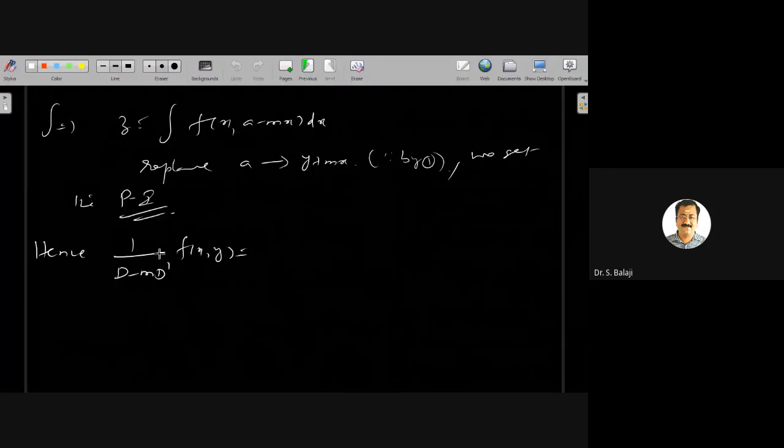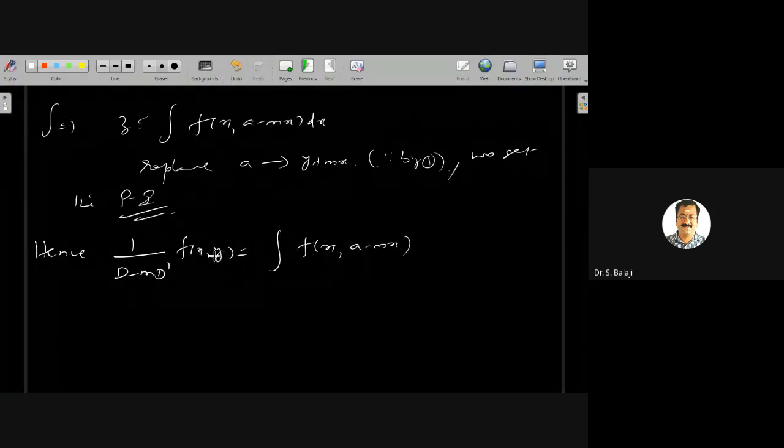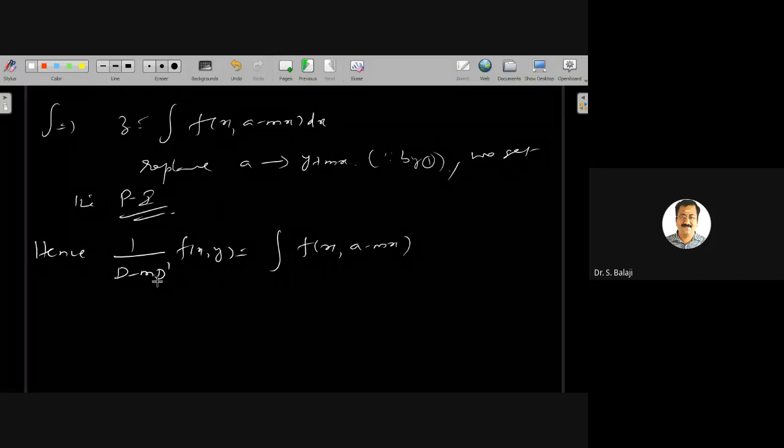Then you can write the integral of f of x comma a minus mx, where this y you are going to replace by a minus mx. You treat this as a, instead of D dash you think of it that way.